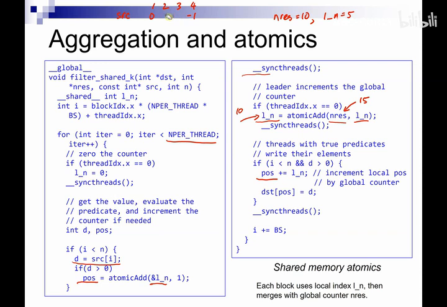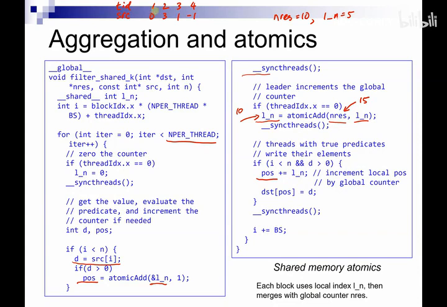Sorry, let me change this a little bit. Let's make this a 3 here, and let's make this a 1, and this is the thread ID. Then we want the second and third thread to copy their values into the destination array.